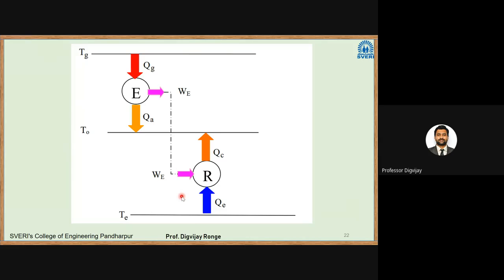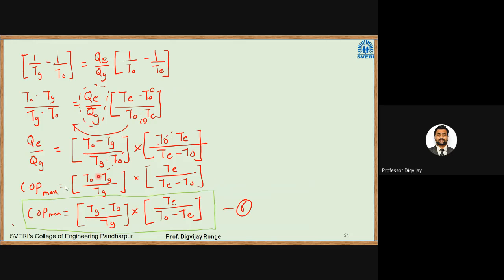So we are dealing with two Carnot machines. The first is a Carnot heat engine, and the other is a Carnot refrigerator. The equation I have obtained here is: COP of a VRS system is equal to the Carnot efficiency of the heat engine into the Carnot COP of a refrigerator. So you can write somewhere here that COP of VRS is equal to efficiency of Carnot engine into COP of Carnot refrigerator.